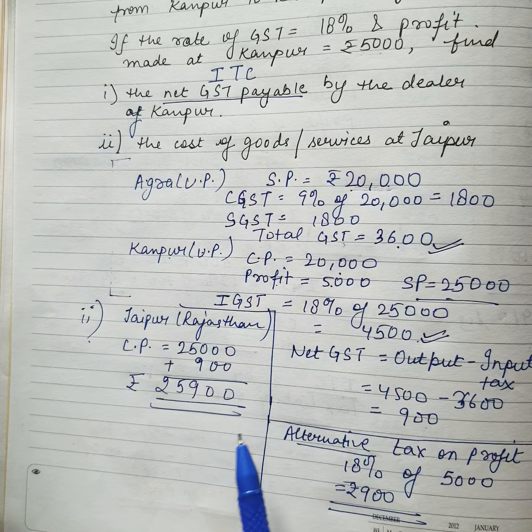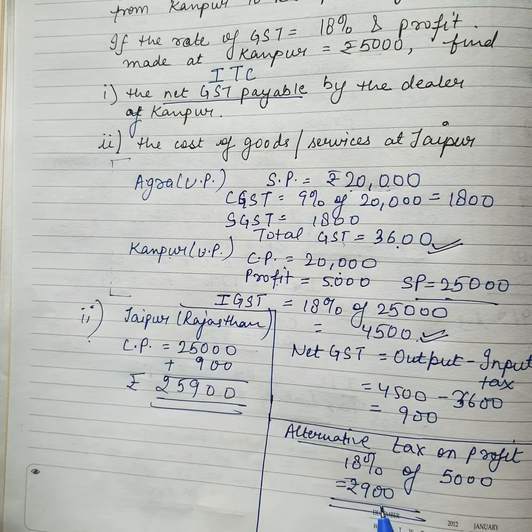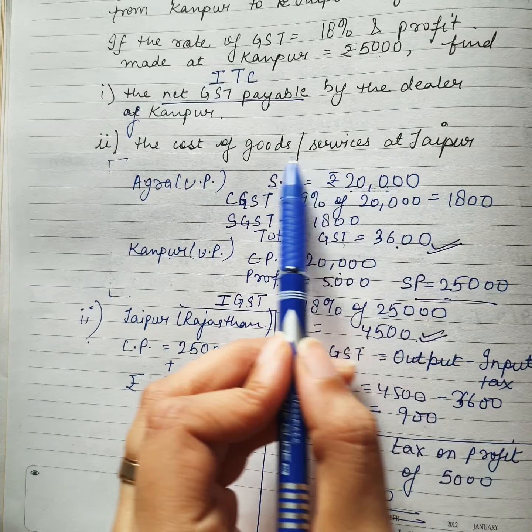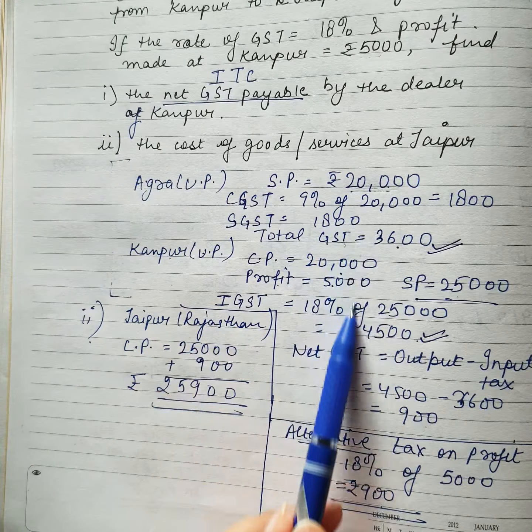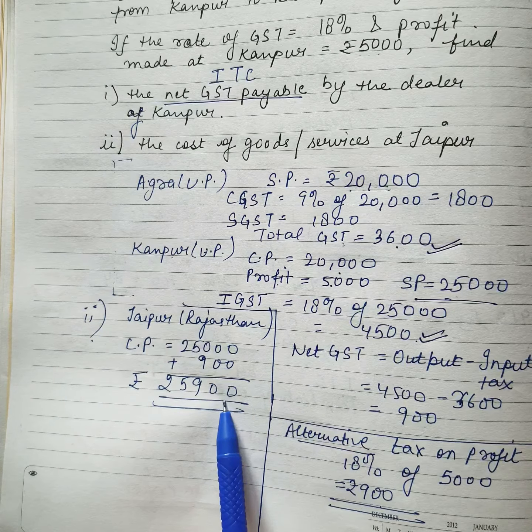Right. So if the question is only asking for net GST, you can go for this alternative way. But if the question is asking something else also, then this procedure has to be done to find the final answer at Jaipur.